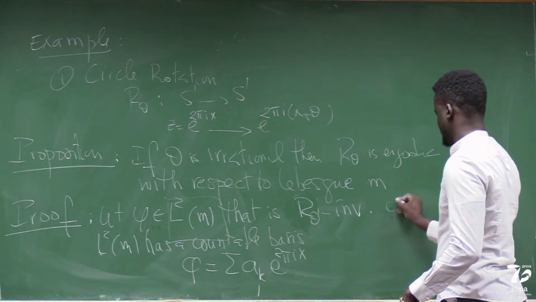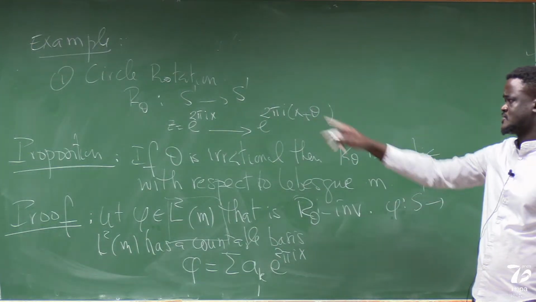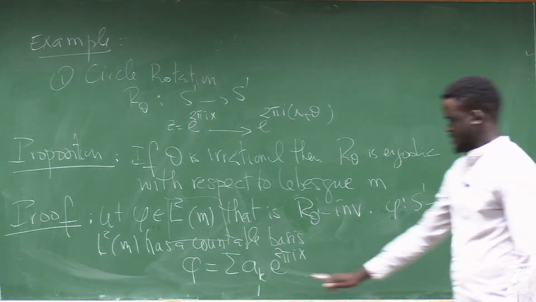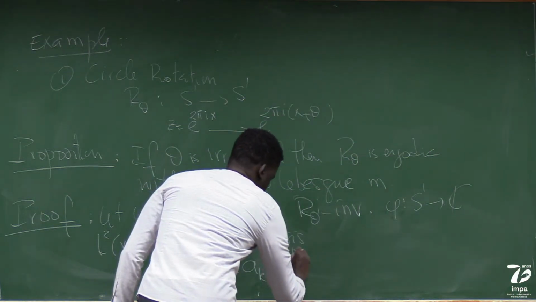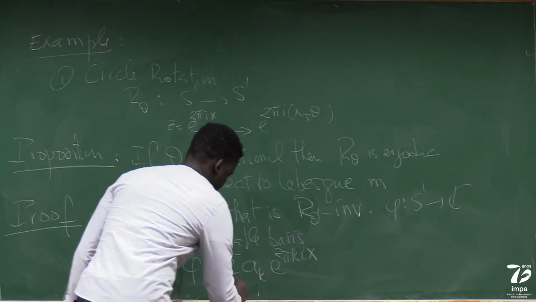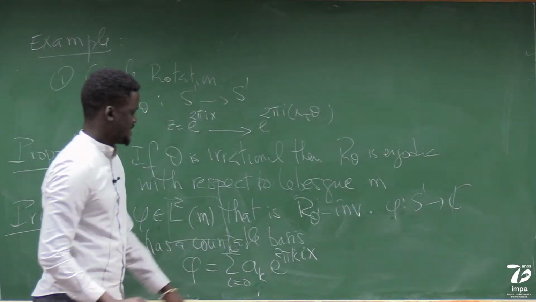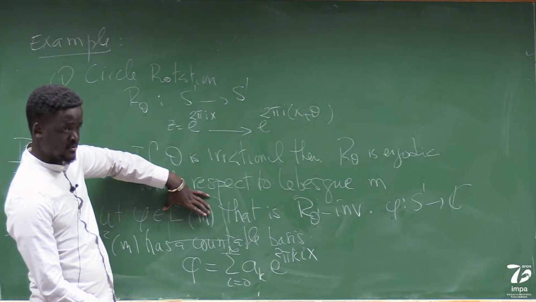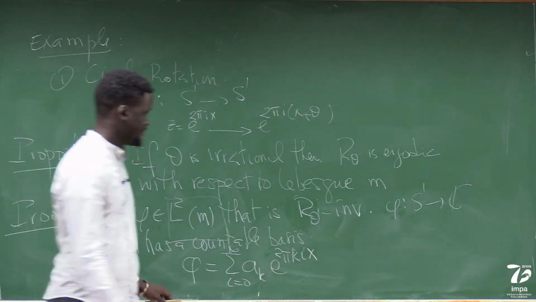So C is a function from S1 to, because I use S1 as a subset of the complex, to this space here. So the sum over k of a_k e^(2 pi i k x). So this is a basis of this space. This family here is a countable basis of L2.